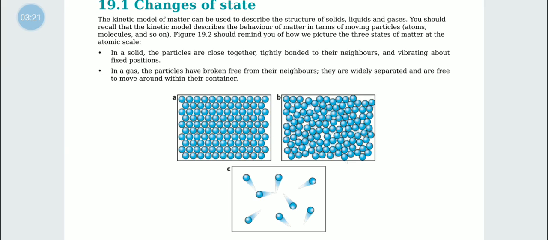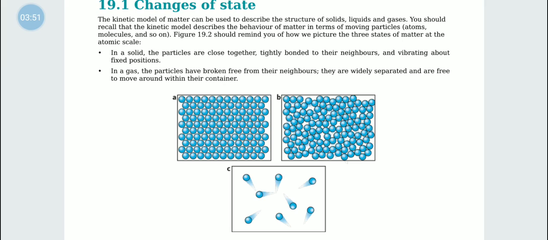One factor that defines whether something is going to be a solid, liquid, or a gas is the kinetic energy that is contained in it. If it has a higher kinetic energy, it is highly likely that it would be either a gas or a liquid. A solid would have a small amount of kinetic energy, so as a result it would simply vibrate at a fixed position.